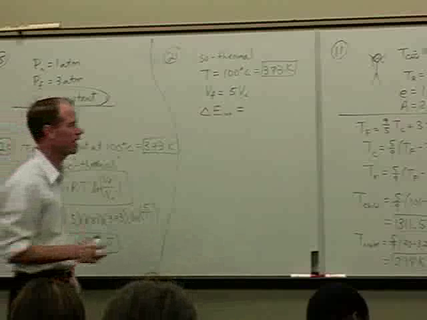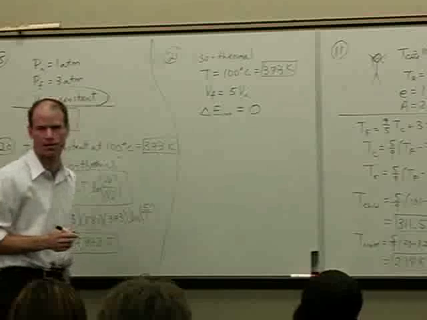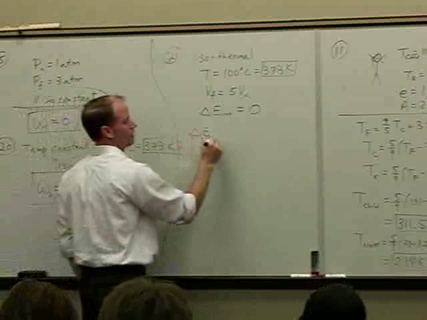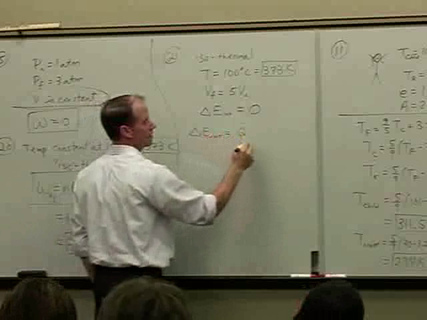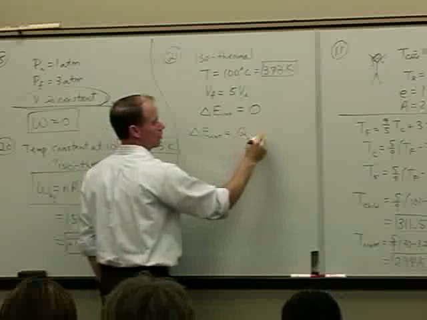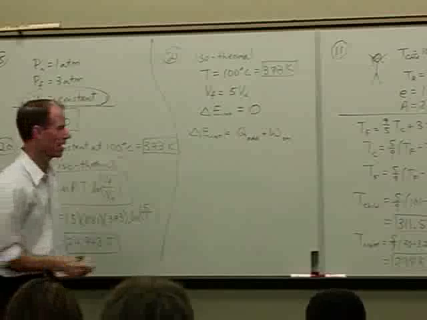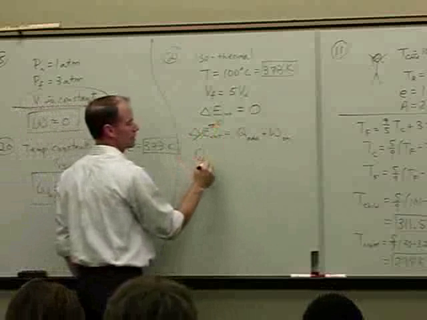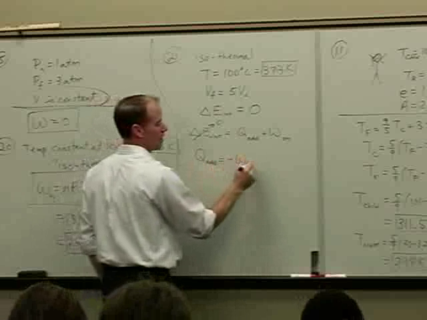If there's no temperature change, the change in internal energy is 0. By the first law, the change in internal energy equals the heat added to the system plus the work done on the system. If this is 0, then the heat added to the system equals the negative work done on the system.